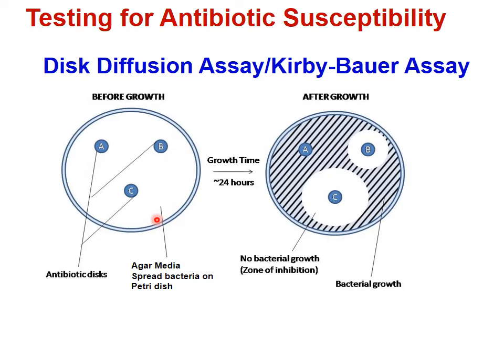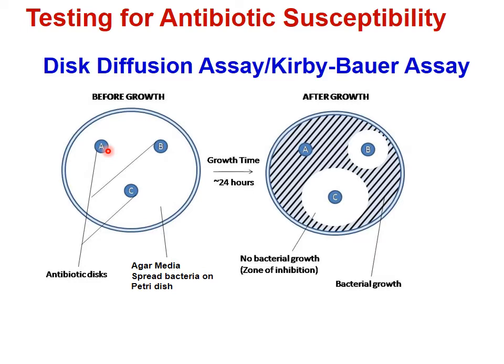You want to work from a pure culture of bacteria, and we will provide you with those. So you spread the bacteria all over the plate, and then you take these little discs. The discs can have nothing on them, and we'll have control discs that are just little paper discs that we'll put on there. But then we also have discs that contain antibiotics at very specific concentrations.